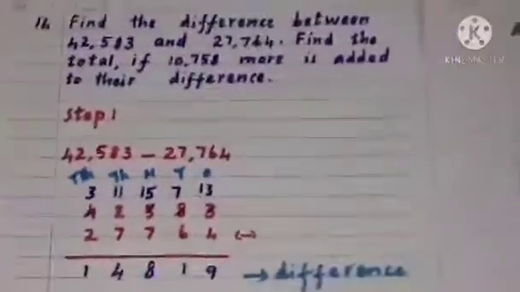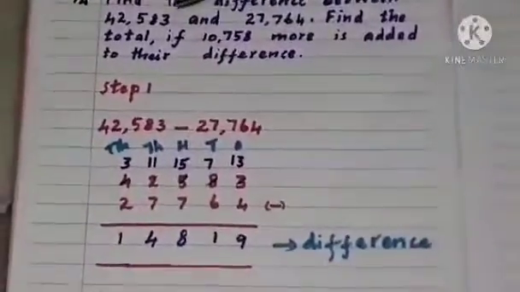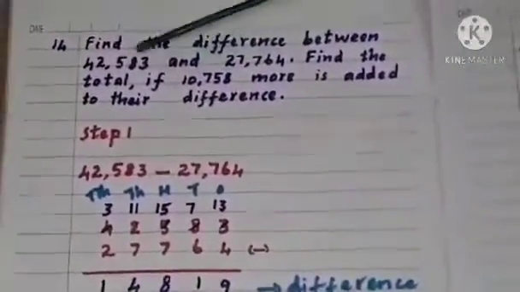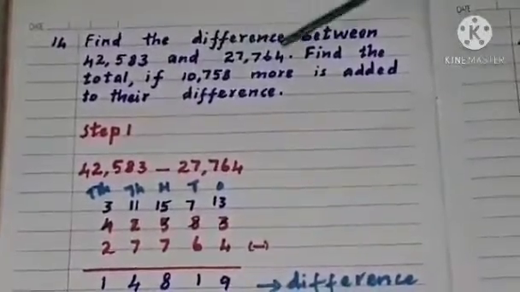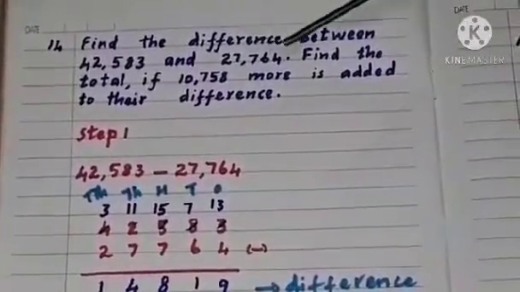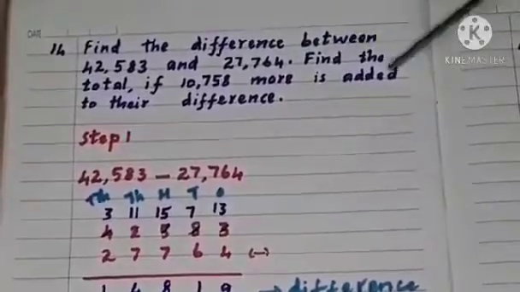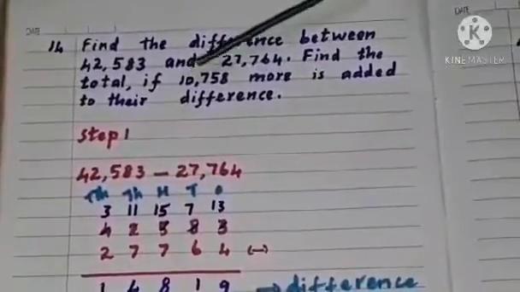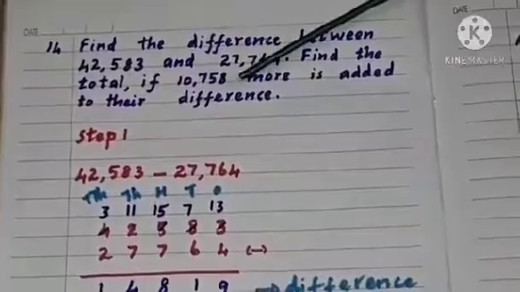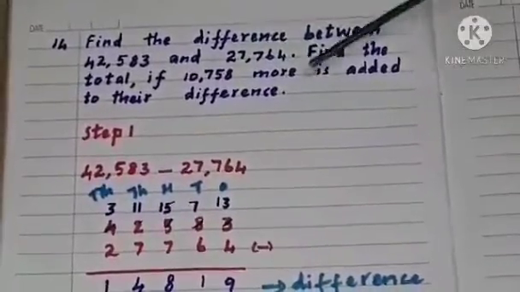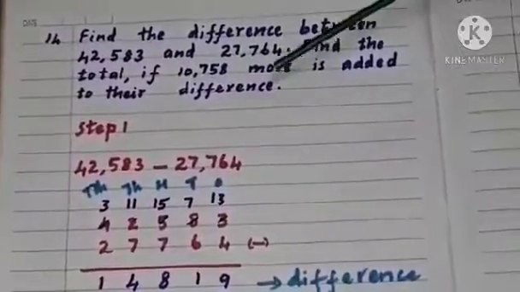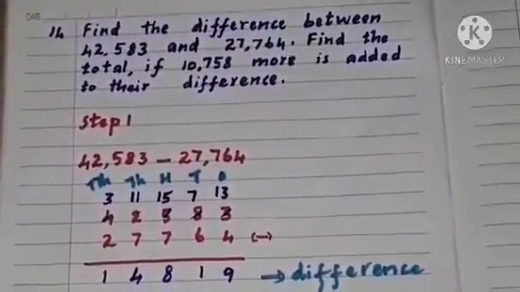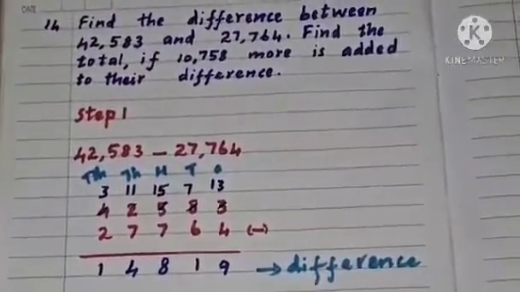I hope you understand the sum very well. Let's see another example. Find the difference between 42,583 and 27,764. Find the total if 10,758 more is added to their difference. In this question, what is given to us?